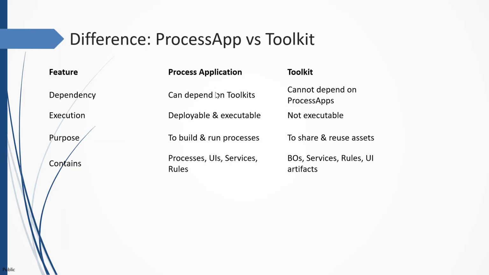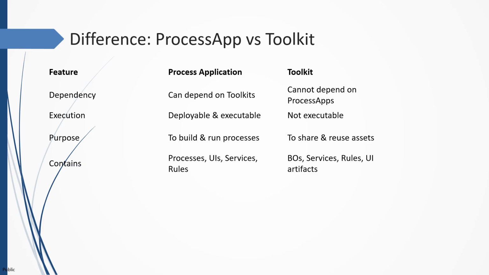Mainly, process applications and toolkits behave differently. First, dependencies: a process application can be dependent on toolkits, but a toolkit is not dependent on a process application. That is, we can link a toolkit inside the process application, but we can't link a process application into the toolkit.